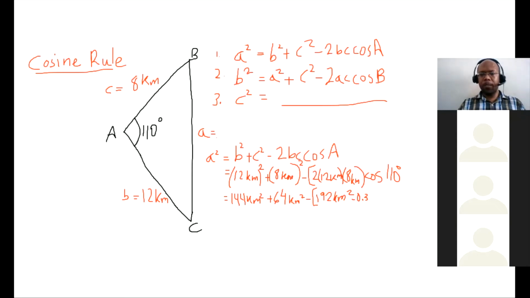Help me out, guys. Sir, my one just said 0.34. Okay. Your one should say 0.3420 something, but we're going to 3 decimal places, so we'll stop right there.